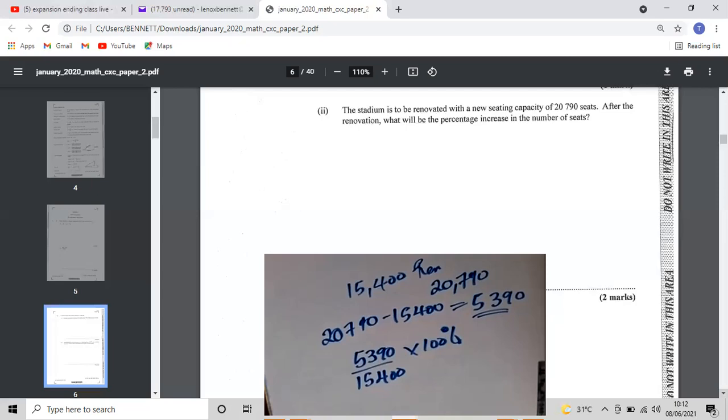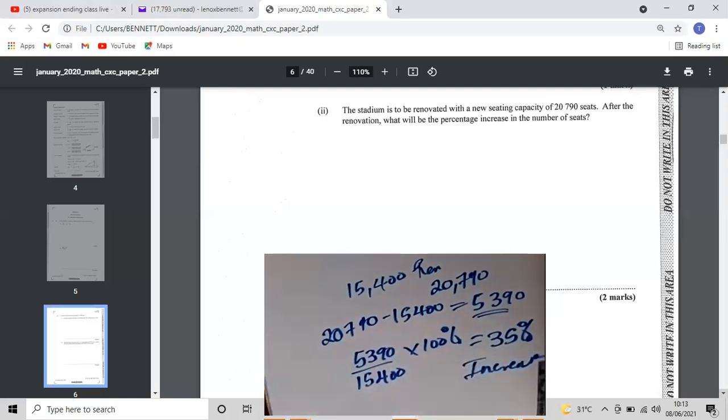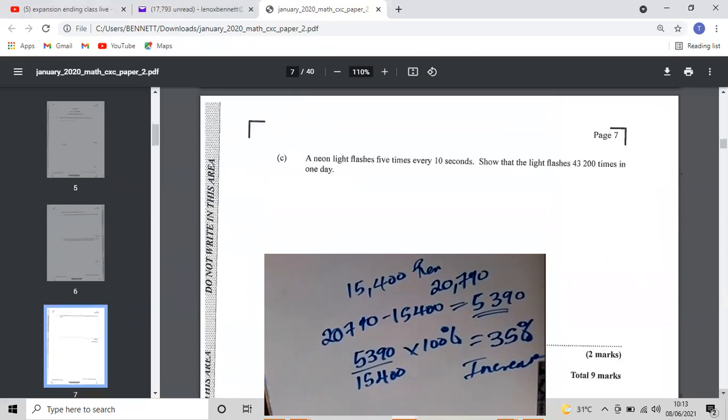That divided by 15,400 times 100 gives us a 35% increase. And that would be your answer.